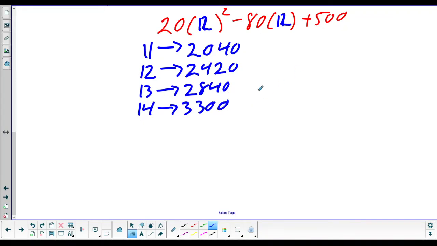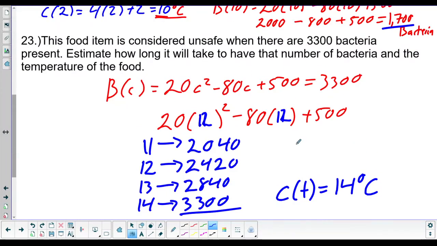So what that tells me is that when my temperature, C of T, equals 14 degrees Celsius, then my bacteria is 3,300 bacteria. Okay. The way I got this is by just plugging in different numbers to C in this equation using Desmos. It was pretty quick, but if you need help with the calculator, let me know. We can go over it in class if you would like.